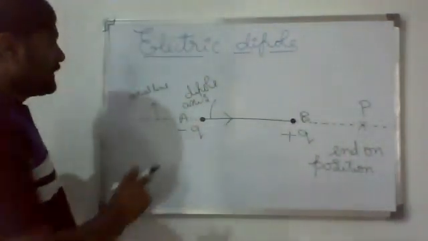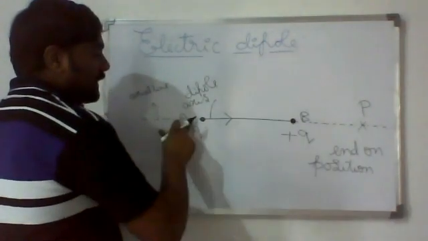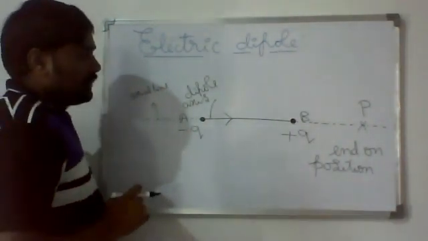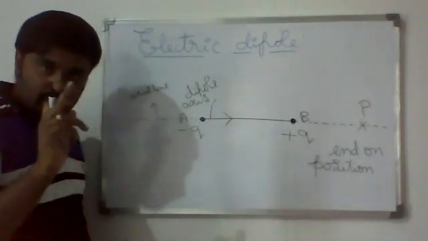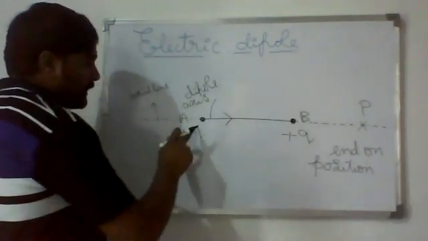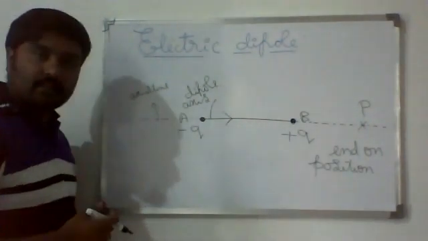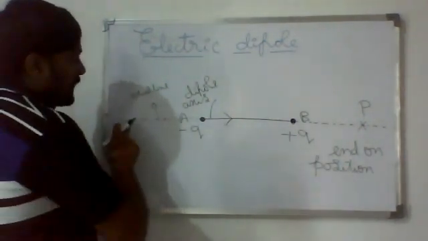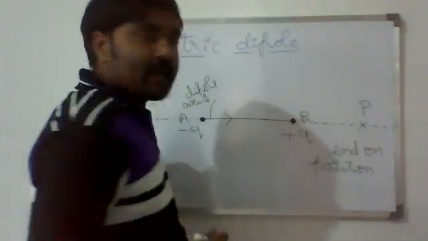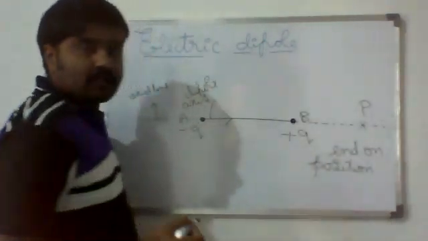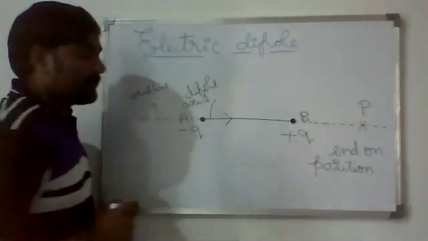The line joining the two equal and opposite charges is called the dipole axis. It is always directed from negative charge to positive charge. That is the first characteristic. The second one is a line passing through the dipole axis, that is the axial line, and the point on the axial line is the end on position.